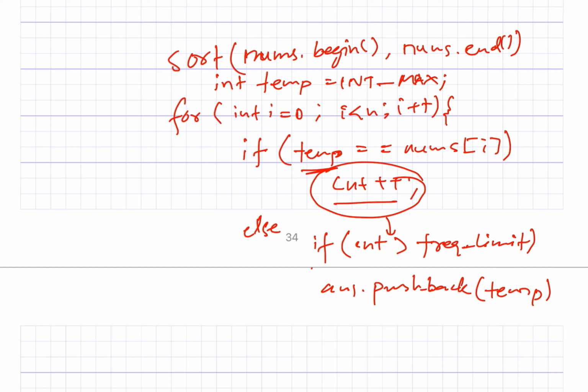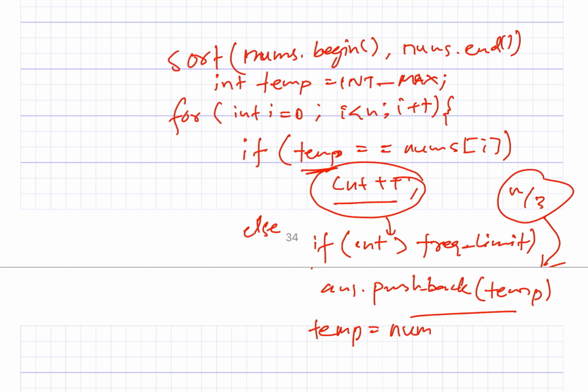So if it exceeds the frequency limit, means it has appeared more than n by 3 times. So we will store in our answer vector that temp, and then we will again update our temp with the new element, because we have encountered a new element here. And at last we will also update our count to 1.